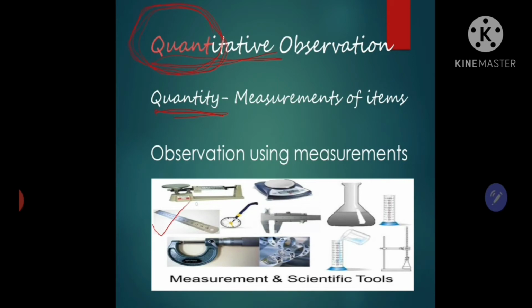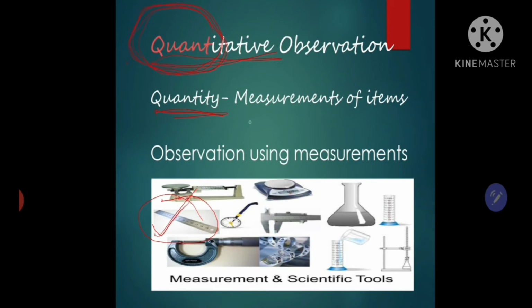So for you to give your observation about how long your hair is, and you use some tools like a ruler, you are giving a quantitative type of observation. Like for example, I ask you to give me a quantitative observation of the 1 kilogram of mango placed on the table. So how would you give a quantitative observation?